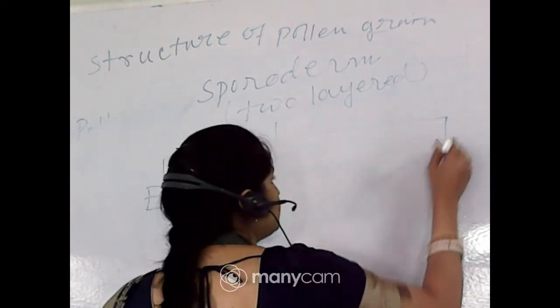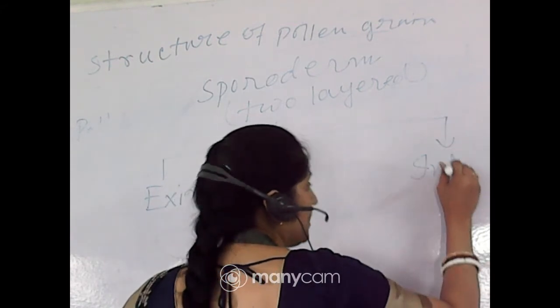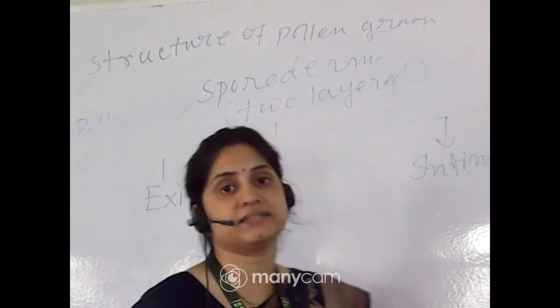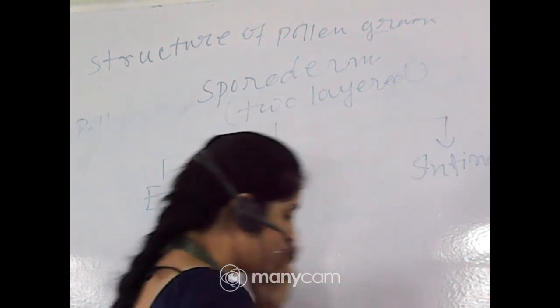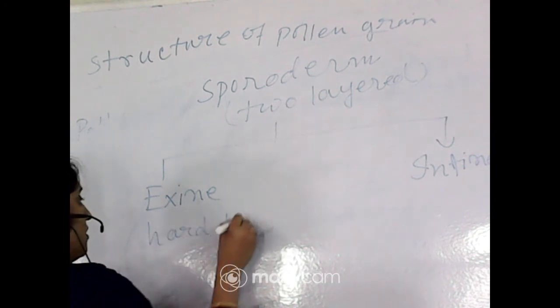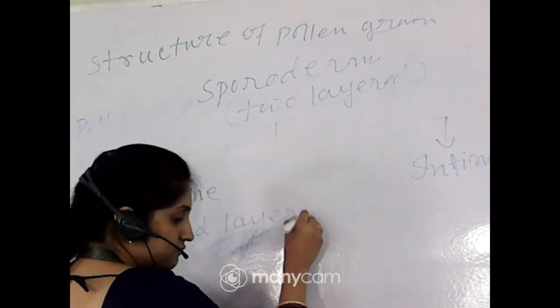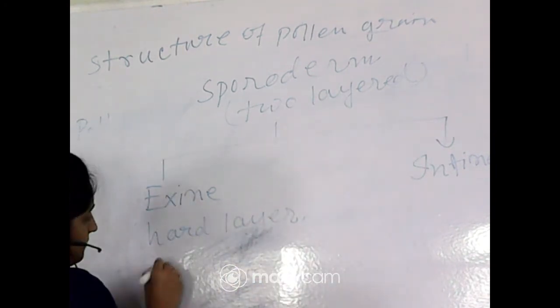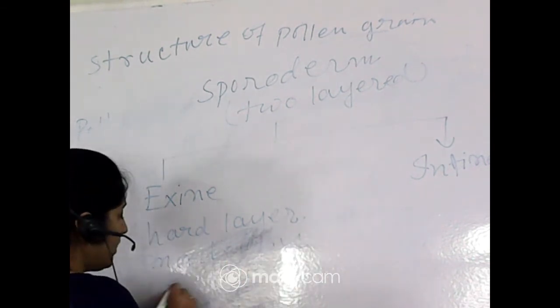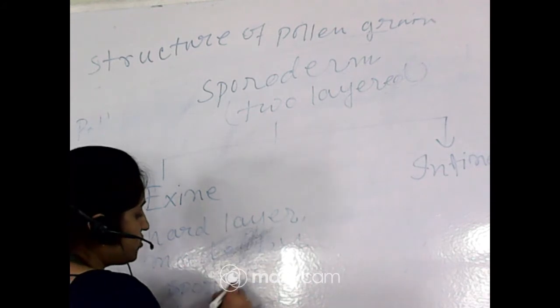The second one is intine, that is the inner layer. Exine is the hardest layer, made by sporopollenin. This is a most important short question.